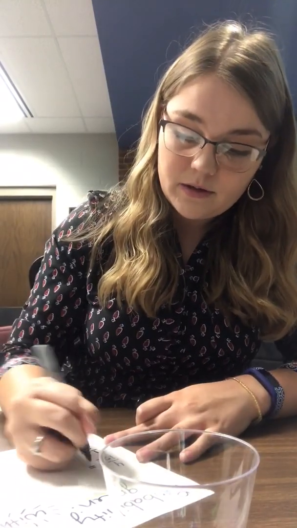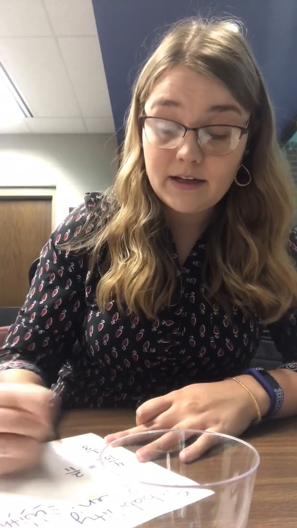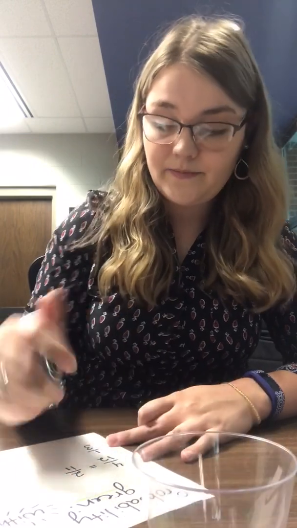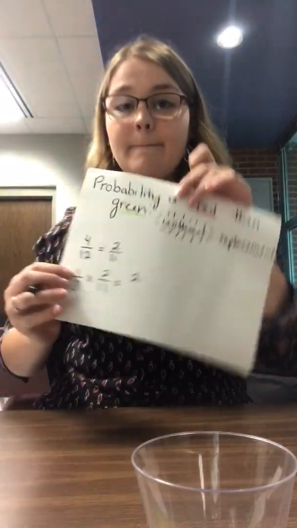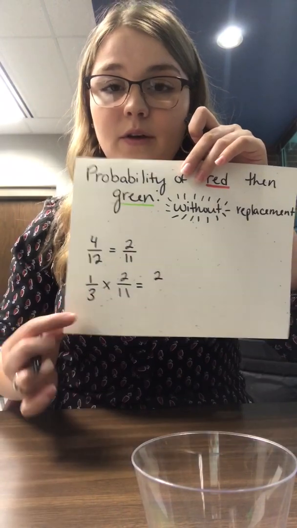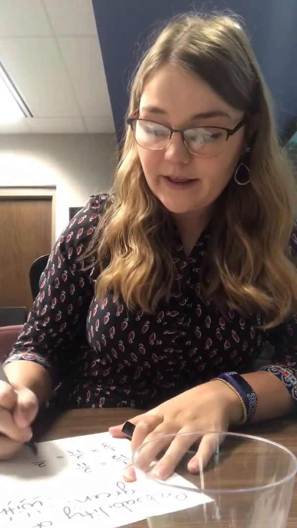So we got green this time, which is 2 out of 11 since there are 11 left in the container. So we're going to do 1/3 times 2 11ths. So 1 times 2 is 2, 3 times 11 is 33.